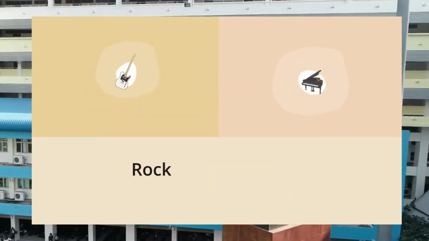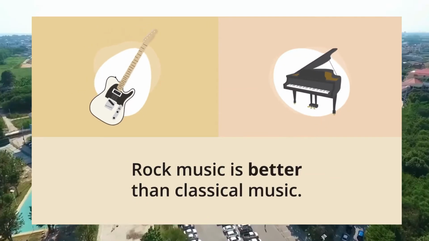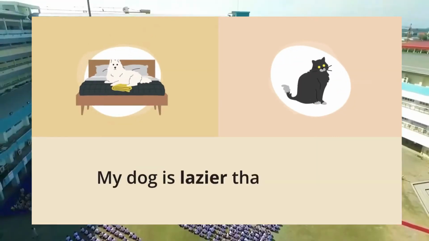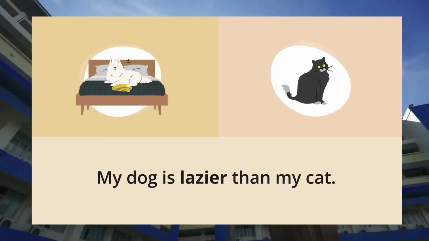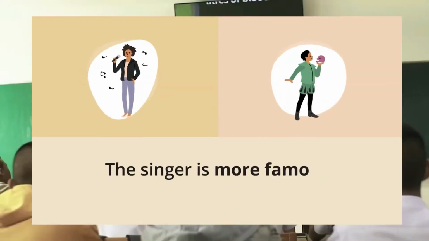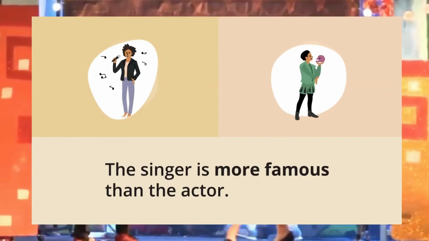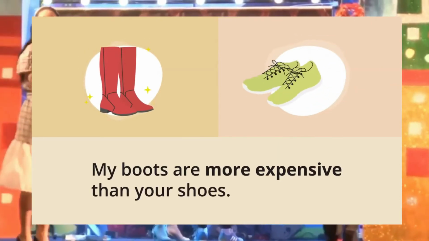Rock music is better than classical music. My dog is lazier than my cat. The singer is more famous than the actor. My boots are more expensive than your shoes.